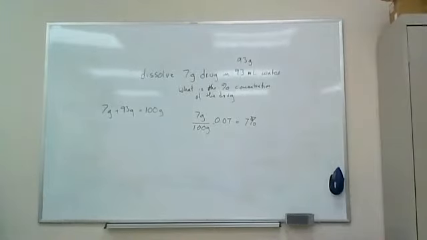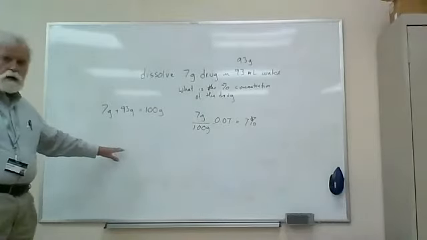Remember, it is the ratio of the component that you want to know what the concentration is to the entire drug sample. So including it. So it's not 7 over 93.